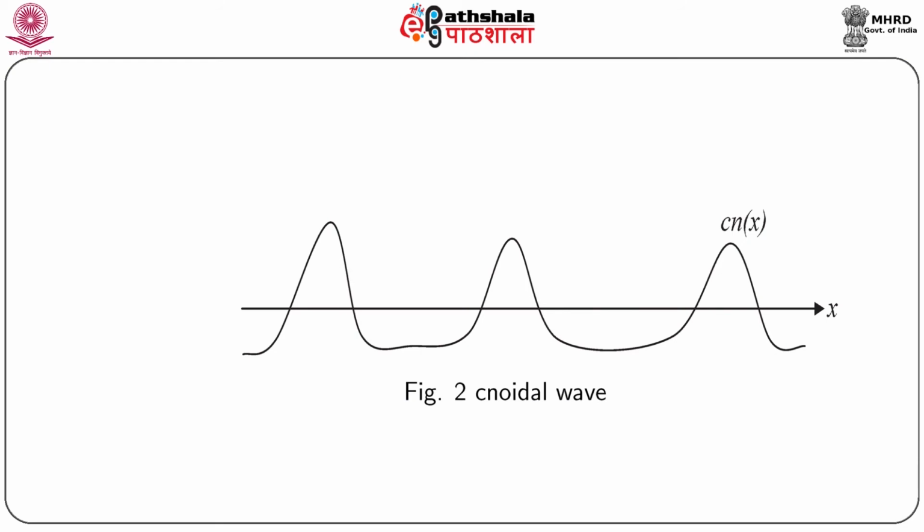If you draw the picture, you can see this wave is called a cnoidal wave. This is periodic in nature, and this type of wave can be observed in rivers with small modulation of amplitude.